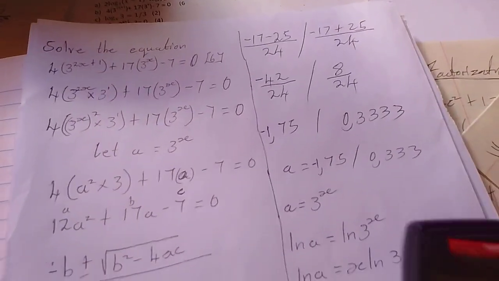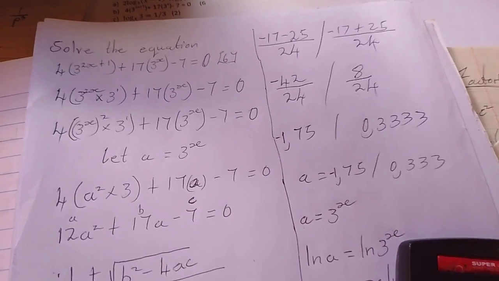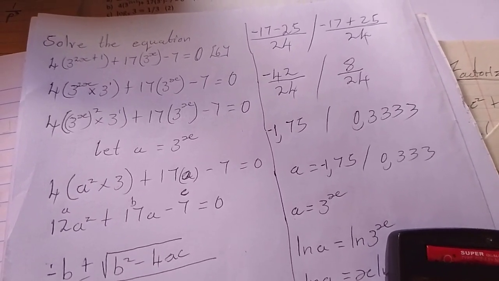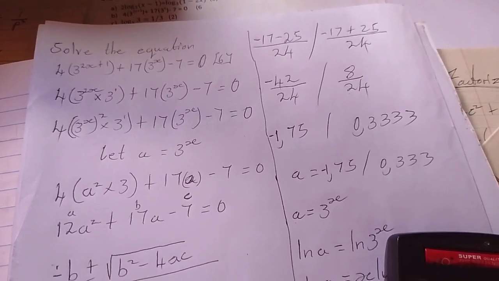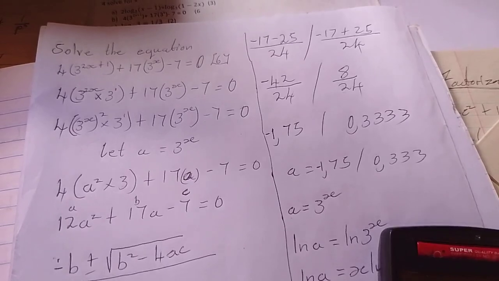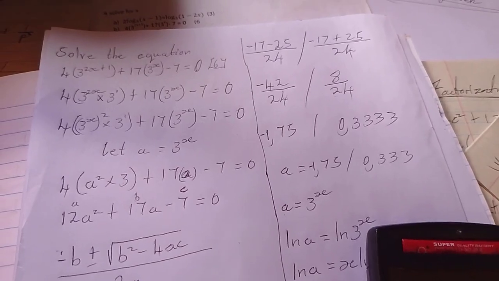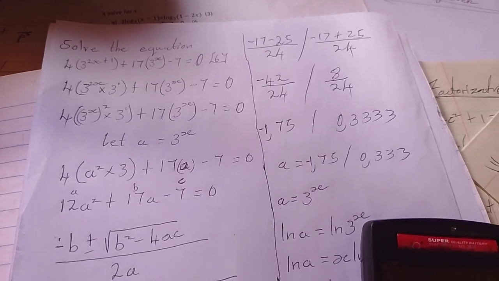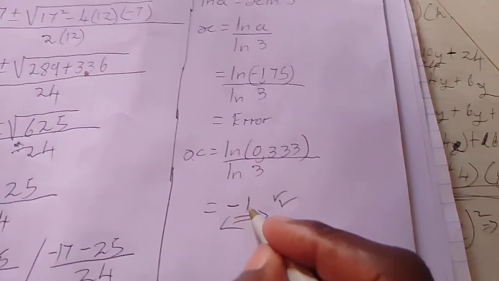We use our calculator, and then you punch 4, open brackets, 3 to the power of 2 times minus 1 plus 1, close bracket, plus 17, open bracket, 3 to the power of negative 1, close bracket, minus 7, which will give us a 0, which means our answer is correct. That's a 0. So minus 1 is correct.